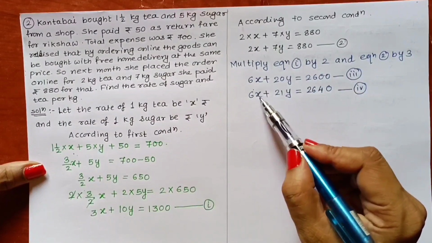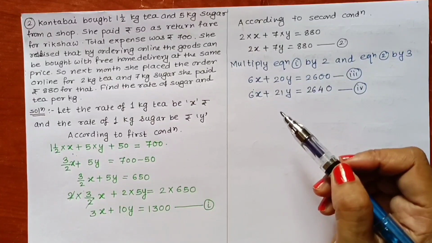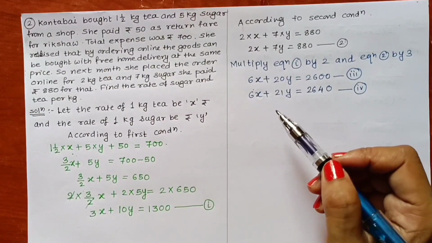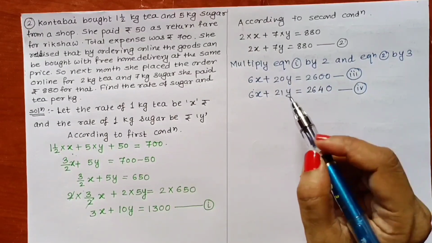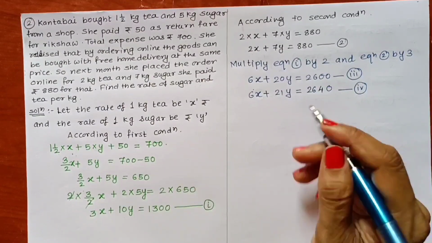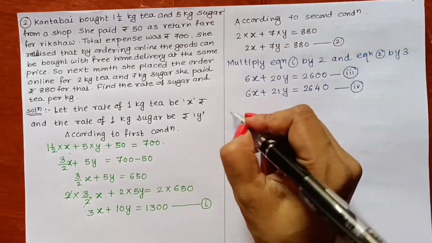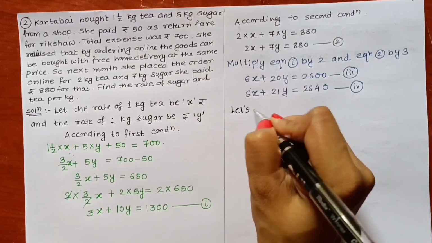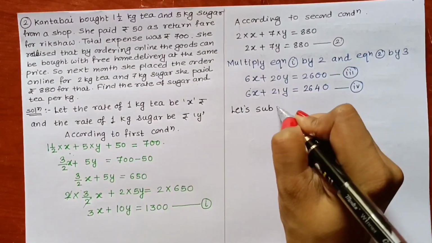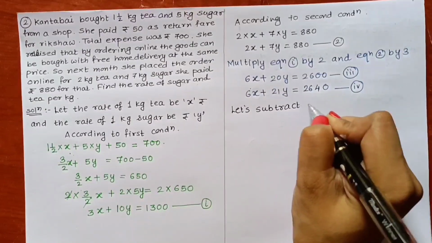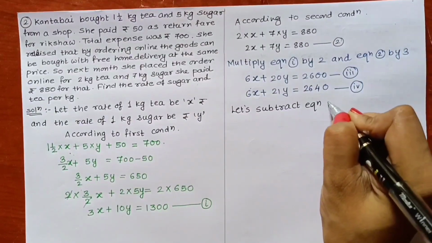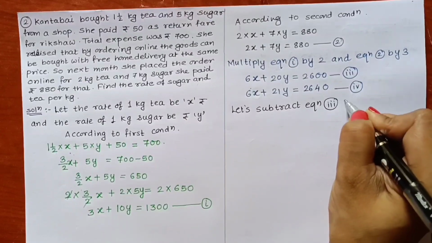We can see that the x coefficients are equal. That means the x terms have the same coefficient with the same sign. Same sign and same coefficient means what? We will have to subtract. So let us subtract equation 3 and 4.